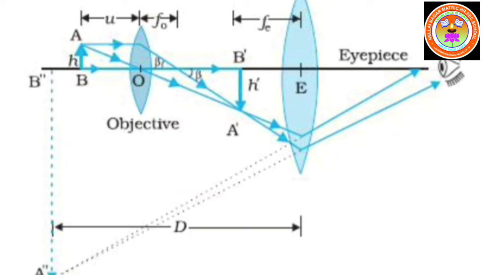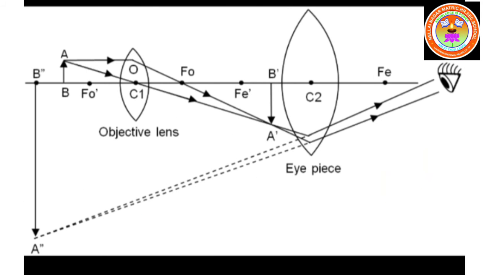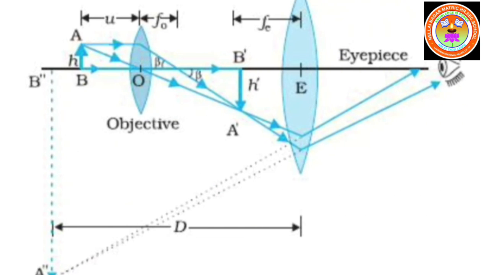The position of the eye lens is adjusted in such a way that the image A dash B dash falls within the principal focus of the eyepiece. The eyepiece forms a virtual and erect image. A double dash B double dash is the final image, which is enlarged and erect, on the same side as the object.